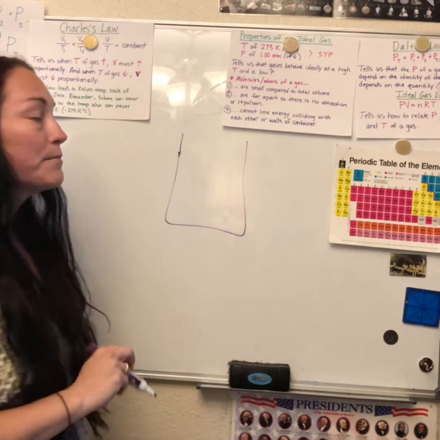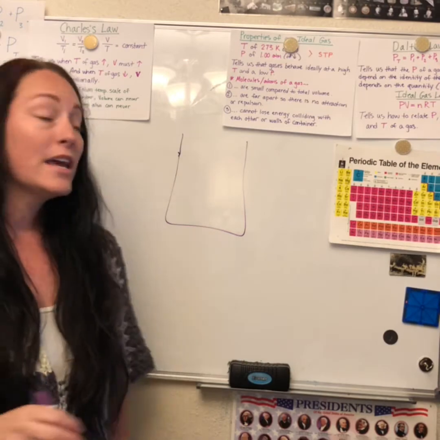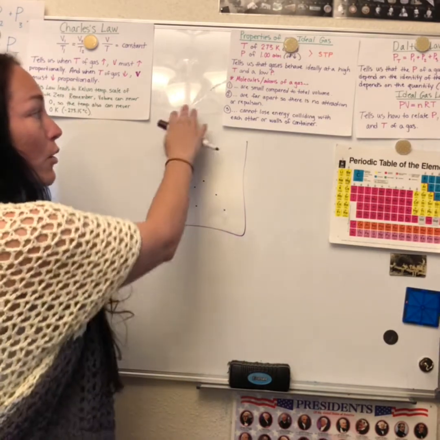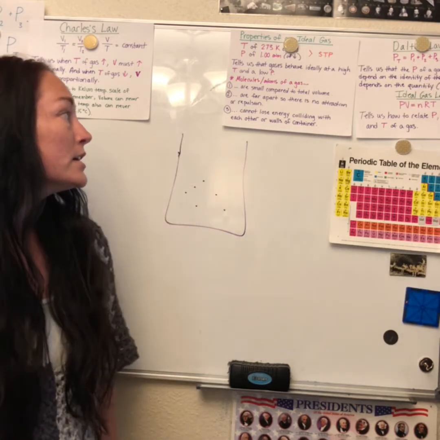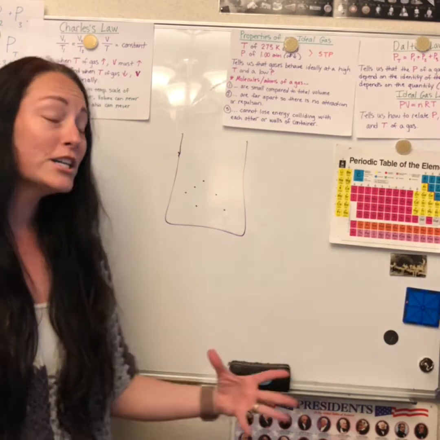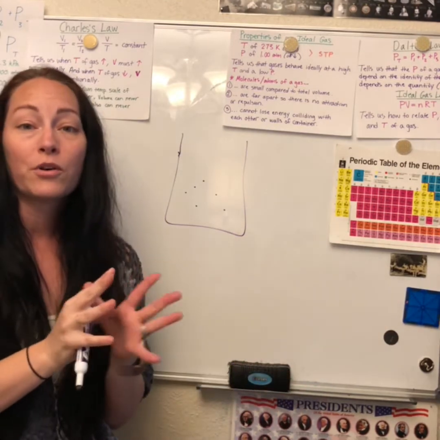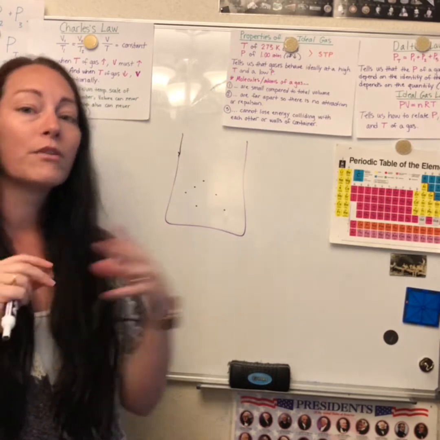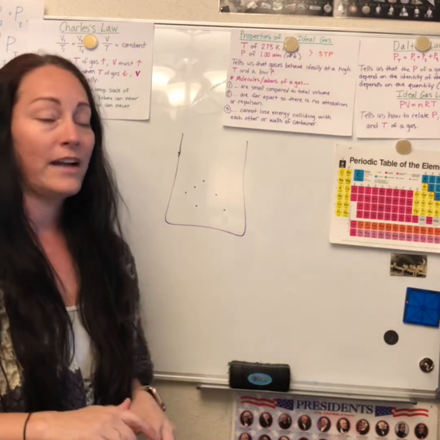The first one says molecules of a gas, or the atoms, they have to be very small compared to the total volume, okay? The second one says that those molecules or atoms have to be so far apart that there's no attraction or repulsion. So they're so far apart that they're not pulling on each other or repelling each other. There's no impact there, okay?